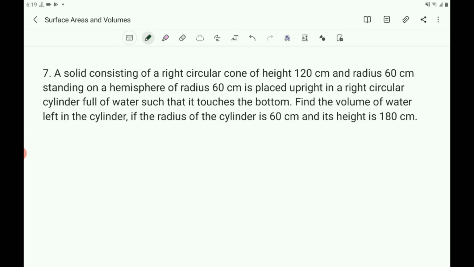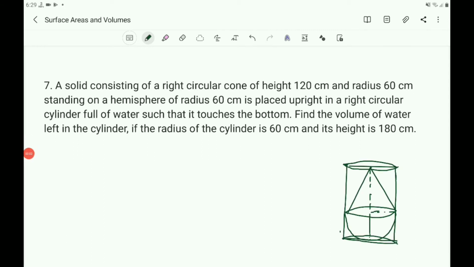So, the solid consists of a right circular cone of height 120 centimeter and radius 60 centimeter standing on a hemisphere of radius 60 centimeter, placed upright.